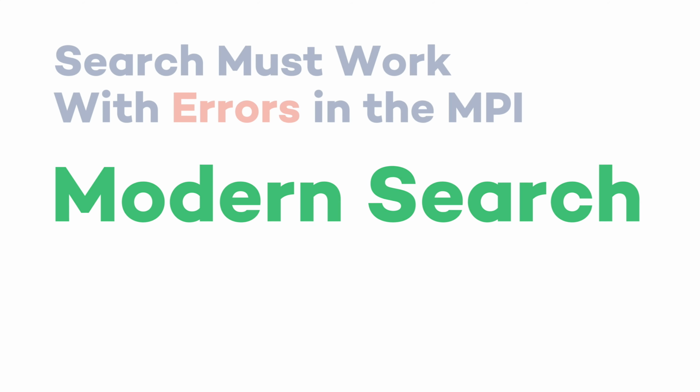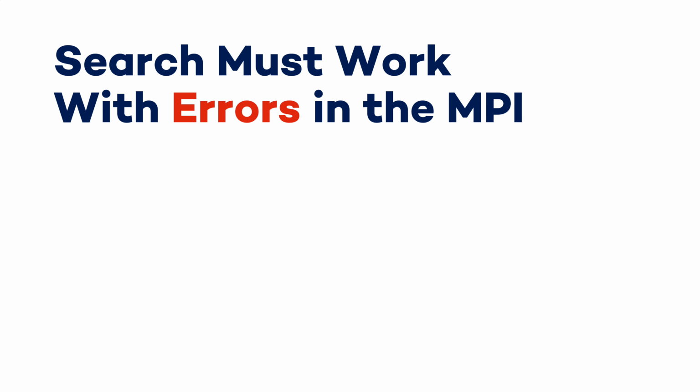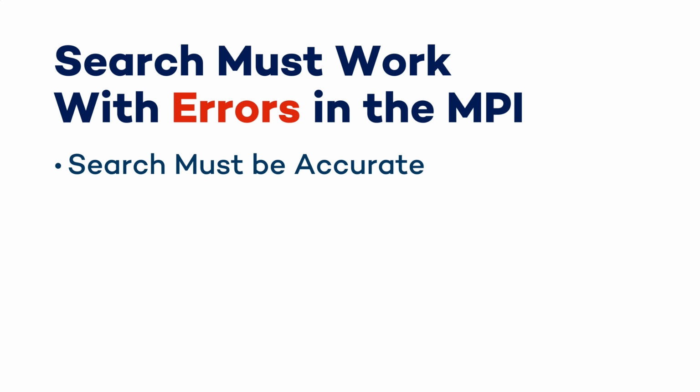And let's define modern search. It must work with errors in the MPI because we know we have many errors already, as we discussed. The search must be accurate. We can no longer afford to keep on saying we can't find the patient, so therefore we're going to create a new record. The search must also be fast. That's critical.